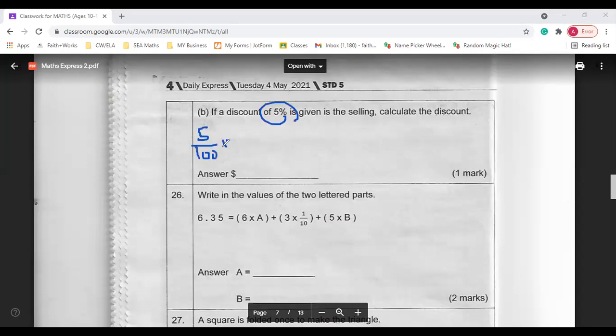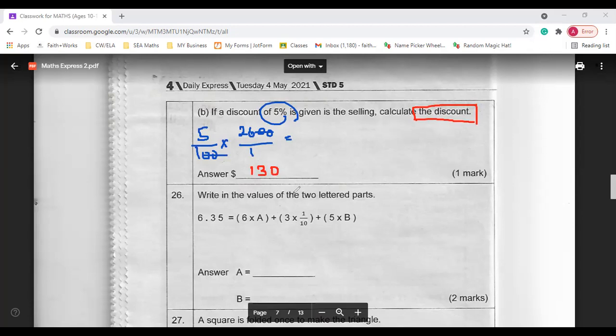So 5% times the selling price, which was 2,600. Right? 26 multiplied by 5 will give us $130, because the question says calculate the discount, not the discounted price. So the final answer is $130.